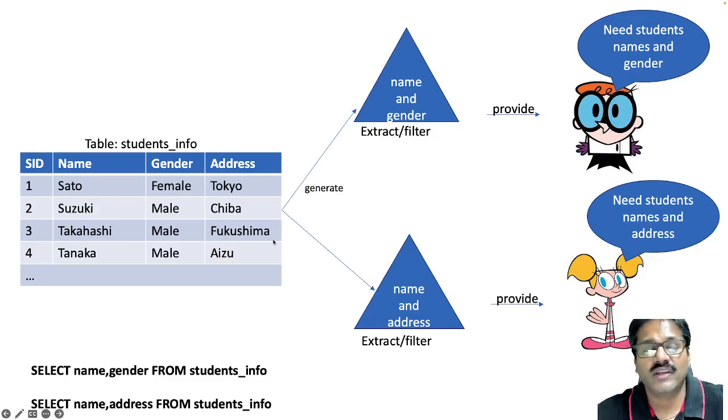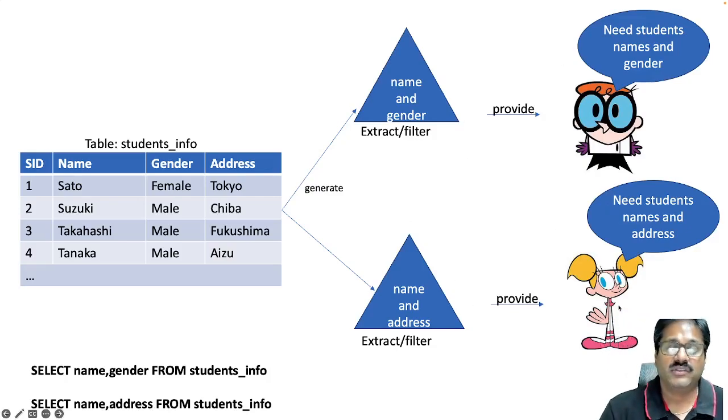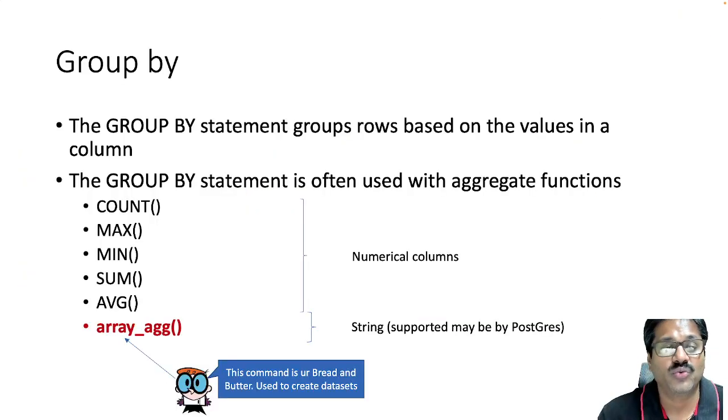The SQL query we write is very simple: select name, gender from students info. We don't need any and. This will give you the data containing only the columns name and gender. Similarly, if anyone wants name and address, you simply say select name, address from students info. This will output the required information.